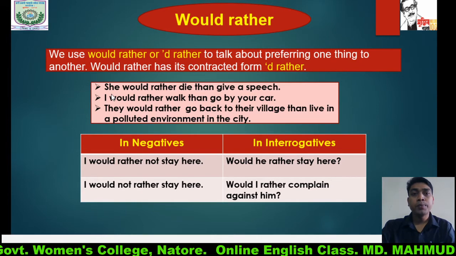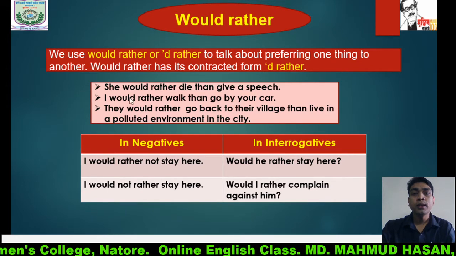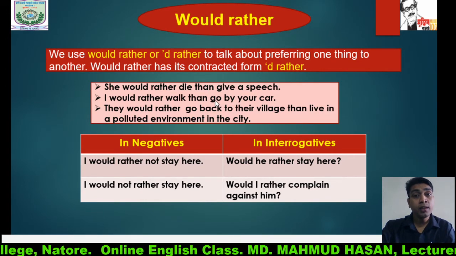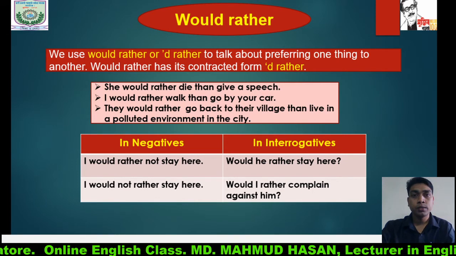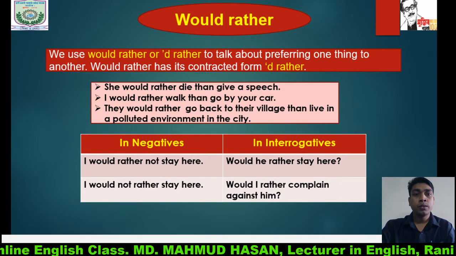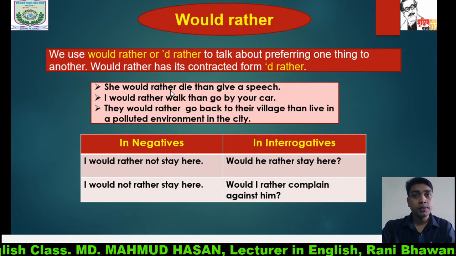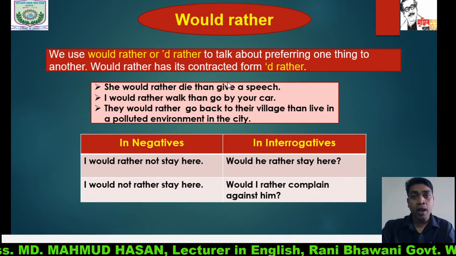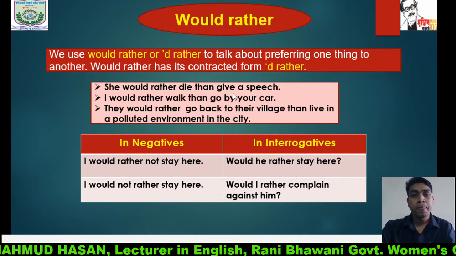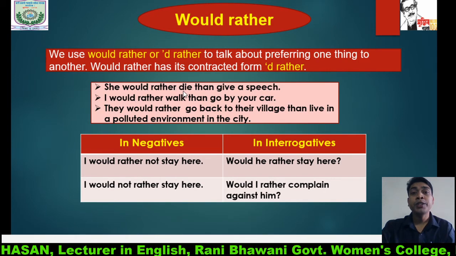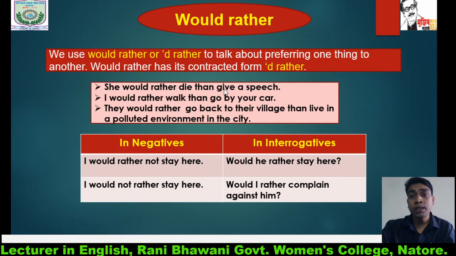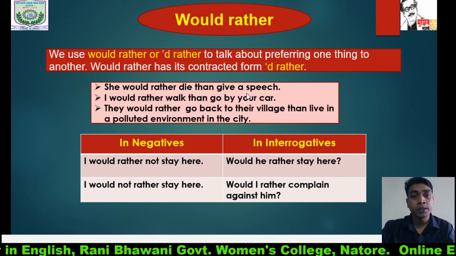Here are some examples. She would rather die than give us peace. She prefers dying rather than giving us peace.